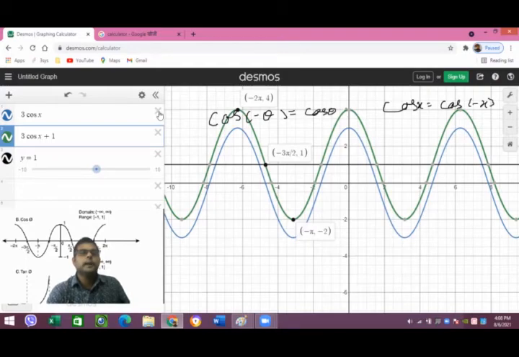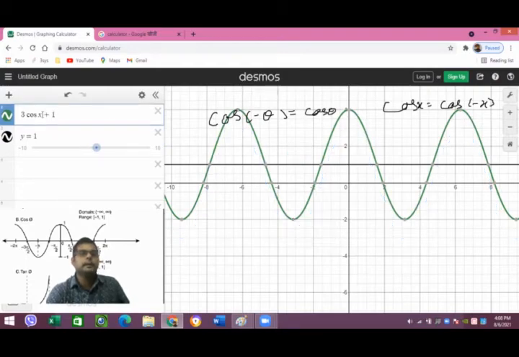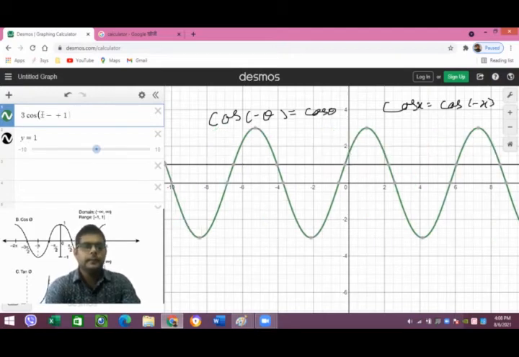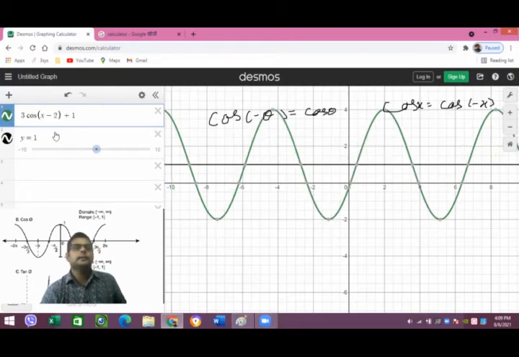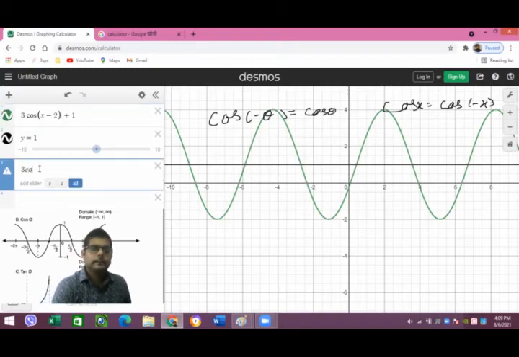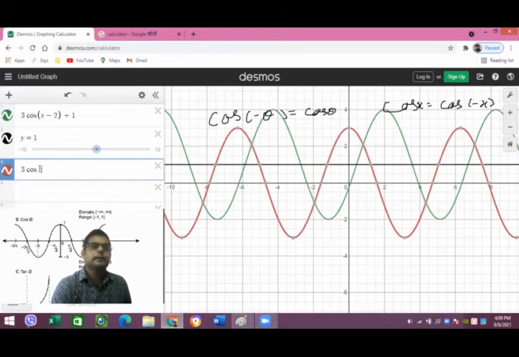And if you'd like to make some change inside x, for example, if you write -2 inside x, it means you can see the same graph. So it was the graph for 3 cos x plus 1.